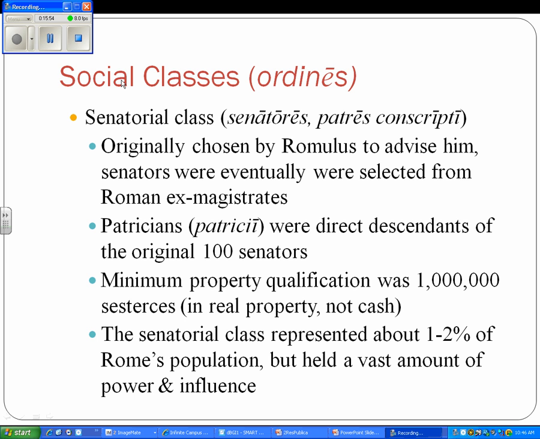And I don't just mean the population in the city of Rome itself, but throughout the Republic as Rome expanded to include all of Italy and the overseas provinces that they acquired during the Punic Wars, and citizens were settled out in those distant territories. All of that citizen population, through the majority of Rome's history, only 1 or 2% were made up of senators.